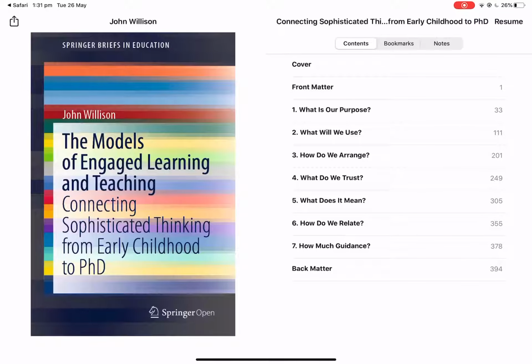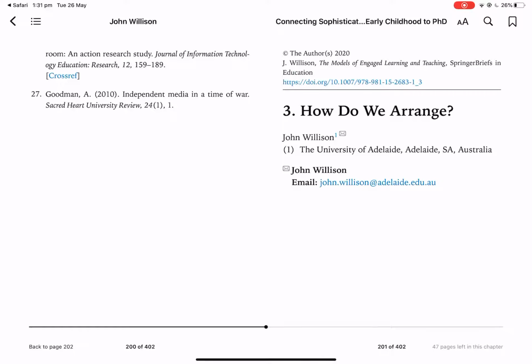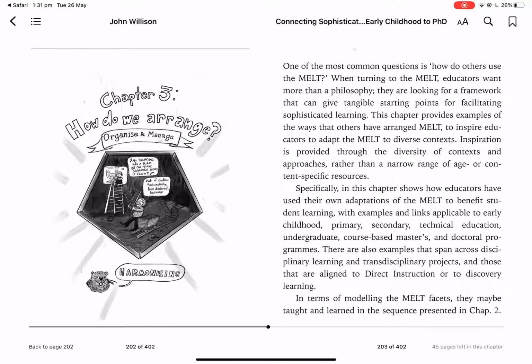And I should say that chapter 3, how to arrange, has a lot of examples from early childhood to PhD supervision, and so undergraduate, high school, and senior primary as well. So chapter 3, you might browse through to see a number of different examples.